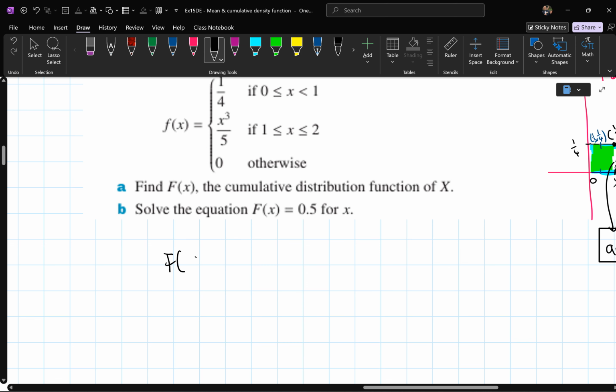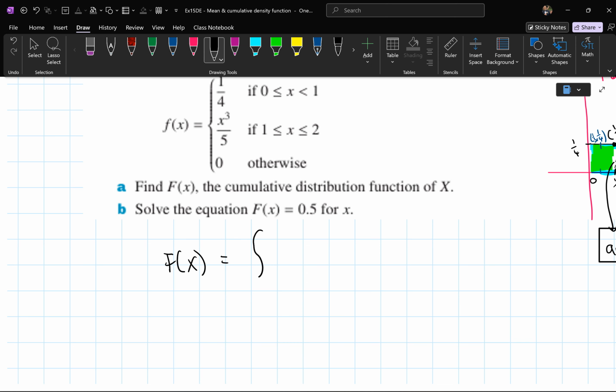So capital F of x should equal, between 0 and 1, less than 1. Okay, what is this? Well, we just said just now the integration of a to b of the curve for the PDF should equal to F of x.